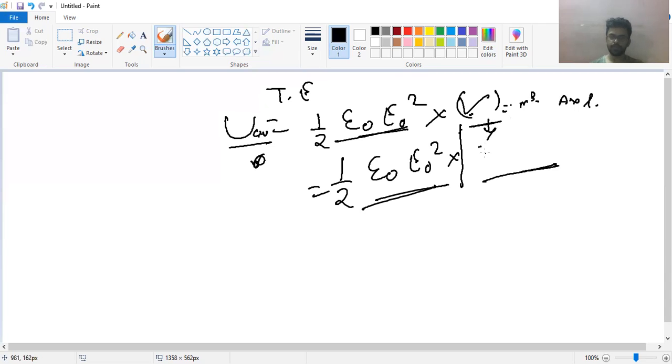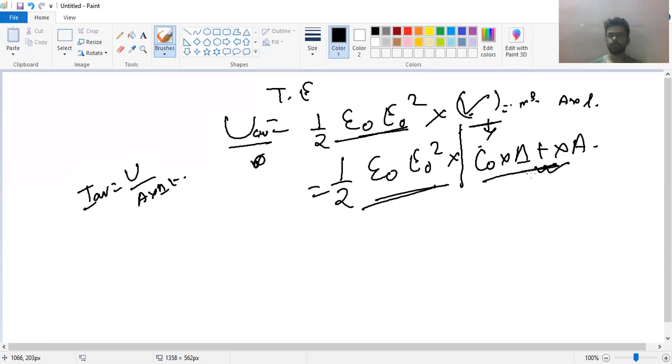So what we will write over here is c naught into delta t into area. You remember the expression we wrote in the first place? Average intensity is equal to U by A into delta t, right? So that A into delta t we are writing over here.